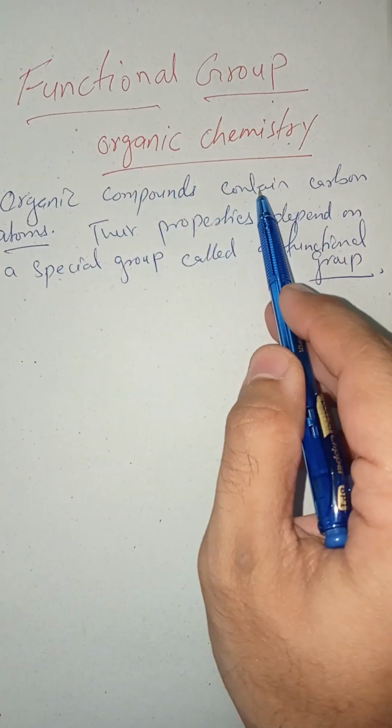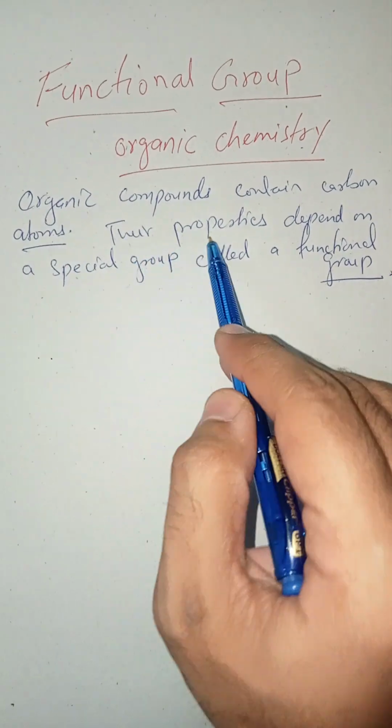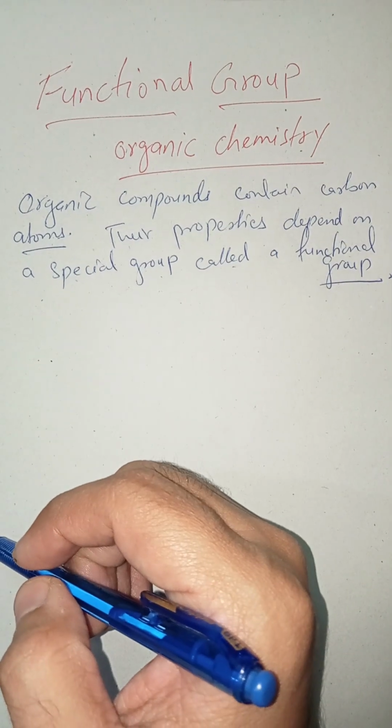Organic compounds contain carbon atoms, but their properties depend on a special group called a functional group.